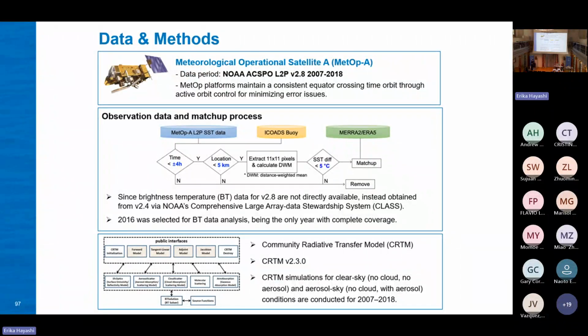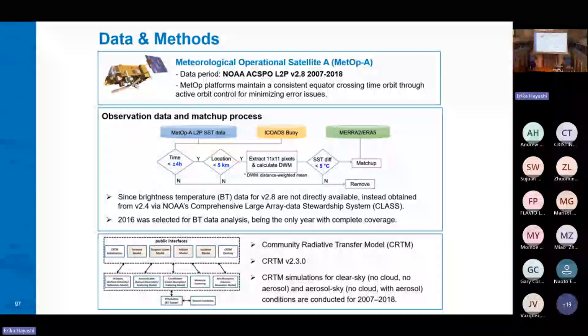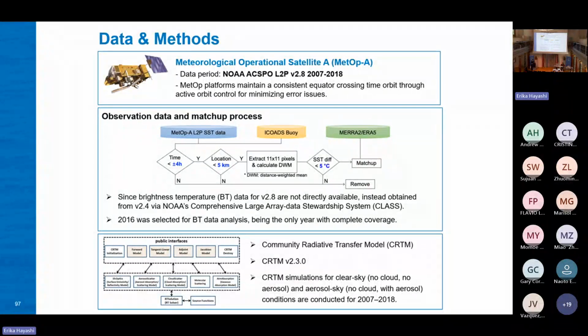And this is the data and method used in this study. We used the Metop-A level 2 data for 2007 to 2018. We selected this satellite because it maintained a consistent equator crossing time orbit through active orbit control for minimizing error issues, so it is very stable. Next is the matchup process.